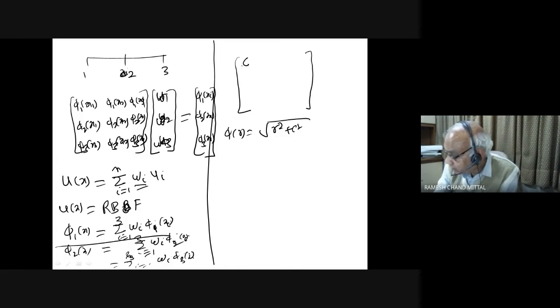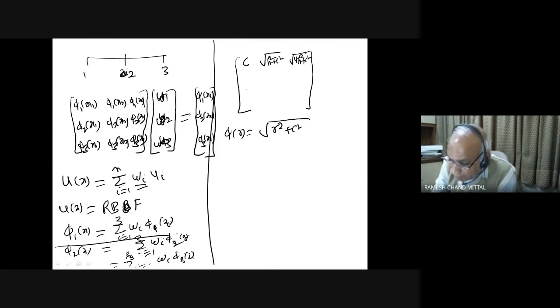Then my second function will be square root of h square plus c square, because distance between 2 point and 1 point is minus h or plus h, whatever you call. And same way this will be square root of 4h square plus c square, because distance is 2h from 1 point of the C3.